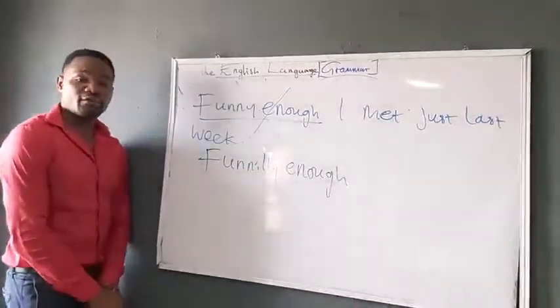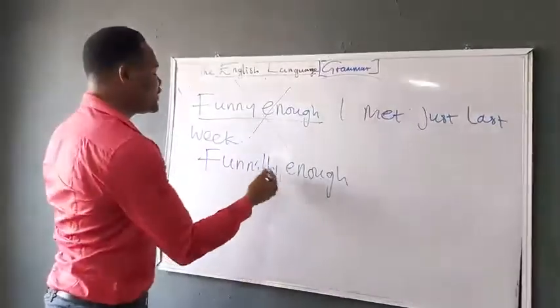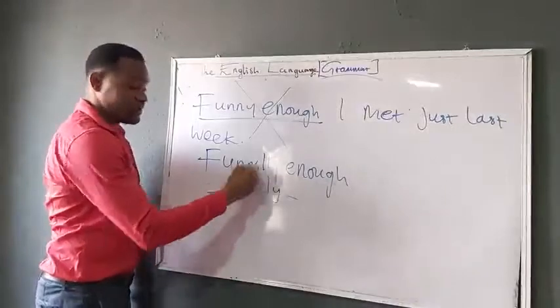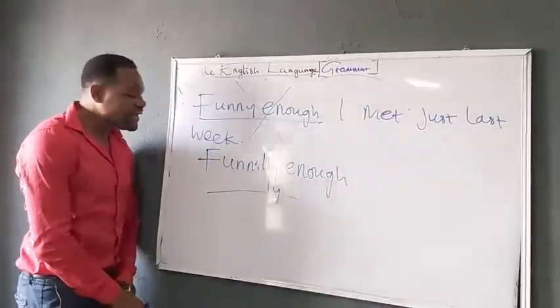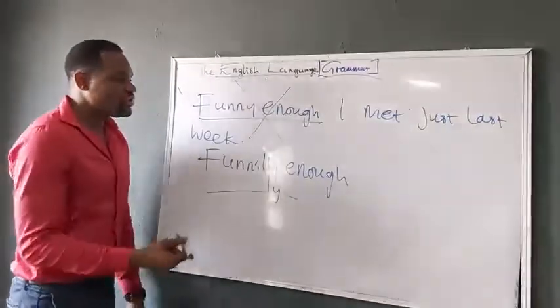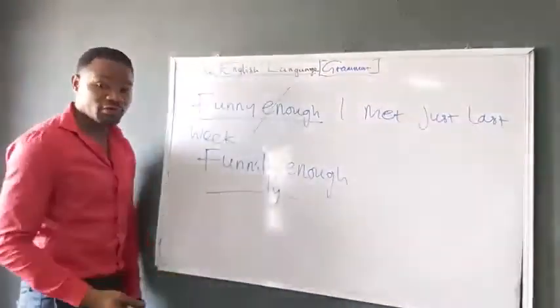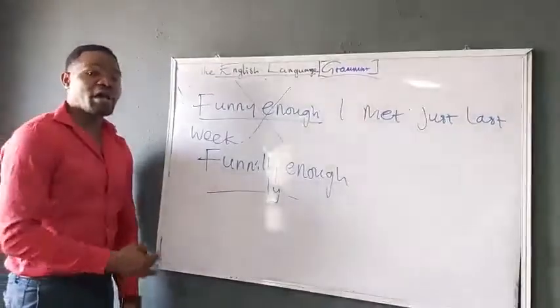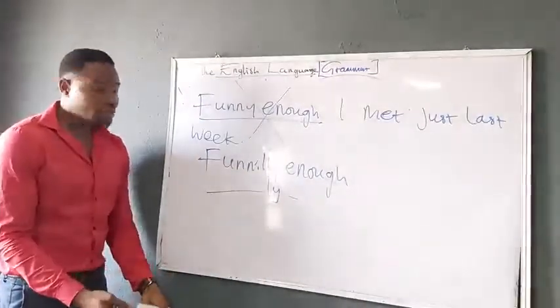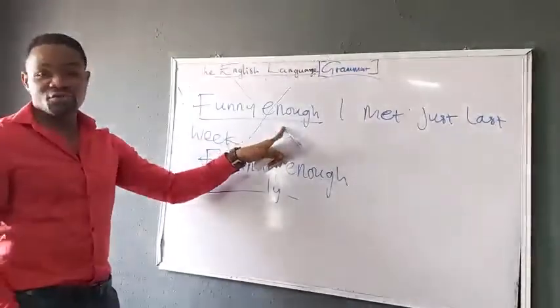Please note, Americans could use one L in the spelling as well. So funnily enough, I met him yesterday and we became friends. You won't say funny enough, I met him yesterday and we became friends. It's going to be funnily enough, I met him yesterday and we became friends. Saying funny enough won't work out that way.